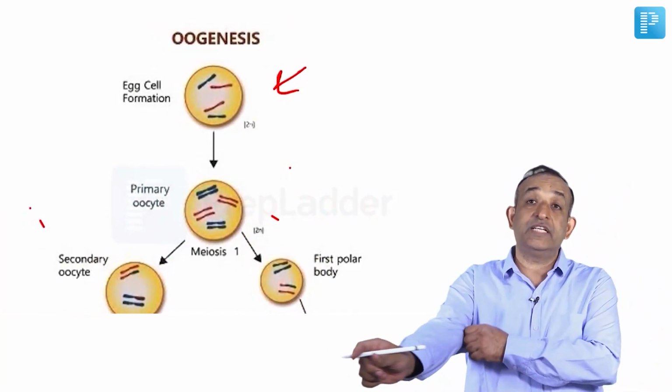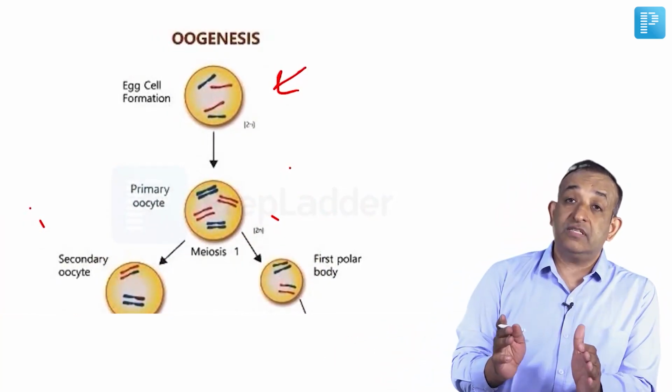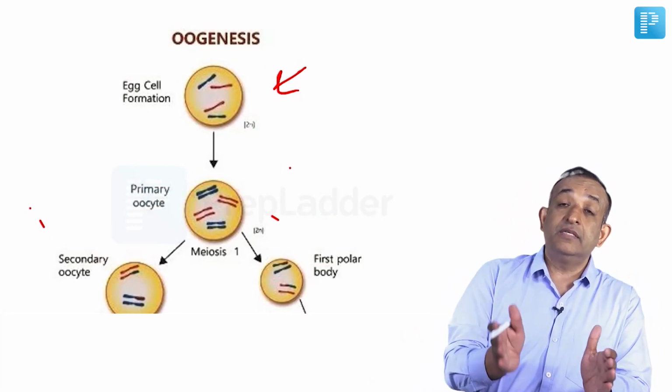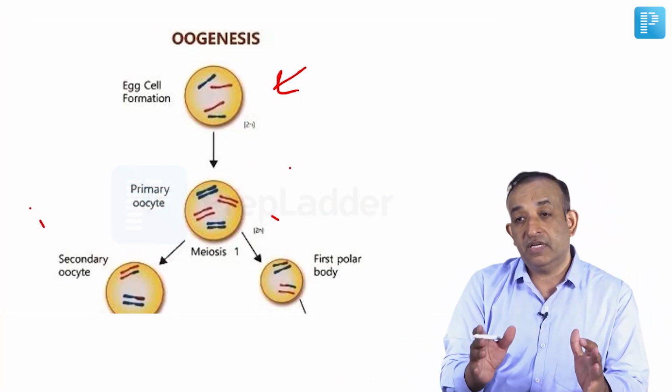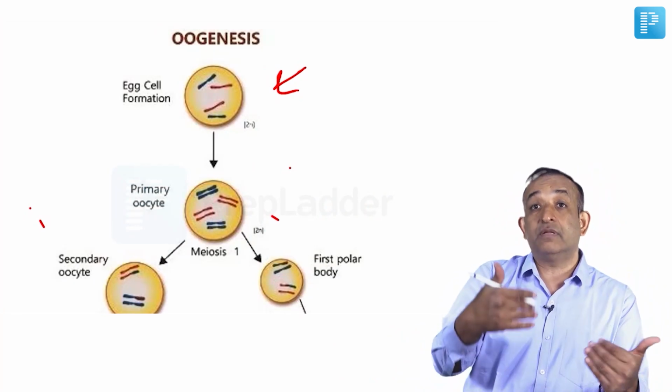Now, when does oogenesis start? We must remember oogenesis starts right from the intrauterine life of a girl. If a girl is having oogenesis, she starts it when she was in the mother's womb.